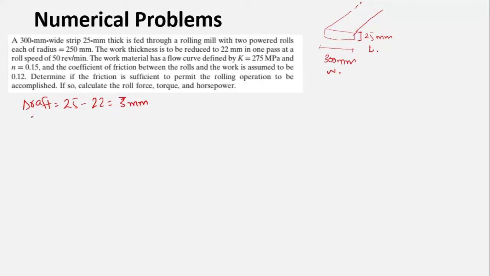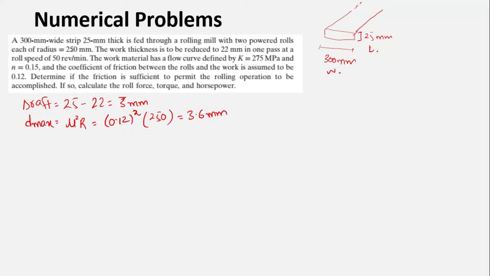So we know that d max is equal to mu squared into R. So mu is 0.12 squared and R is 250 millimeter. So the value is 3.6 millimeter.